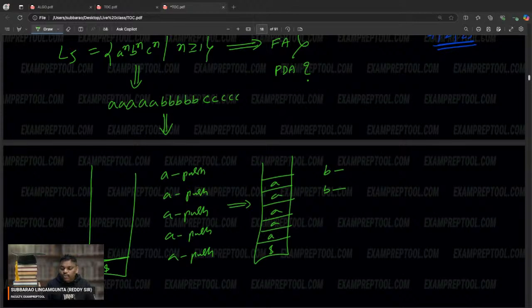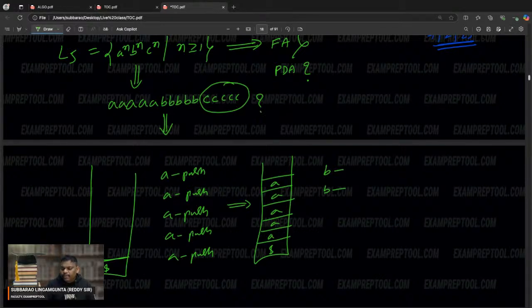A's coming, push. B's coming, what should I do? Someone is saying B coming, pop. If at all B is coming and I pop, with whom will you compare C's? For every B, you are cancelling an A, which means A's and B's you are comparing.